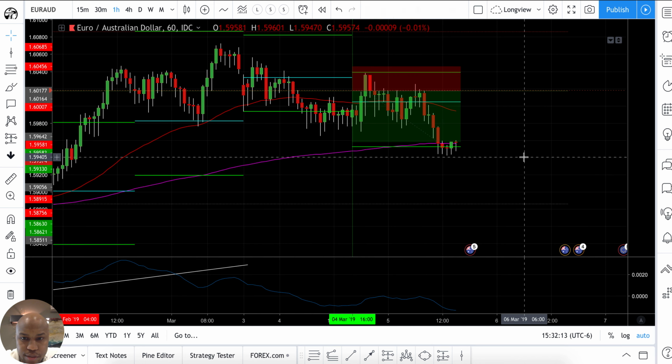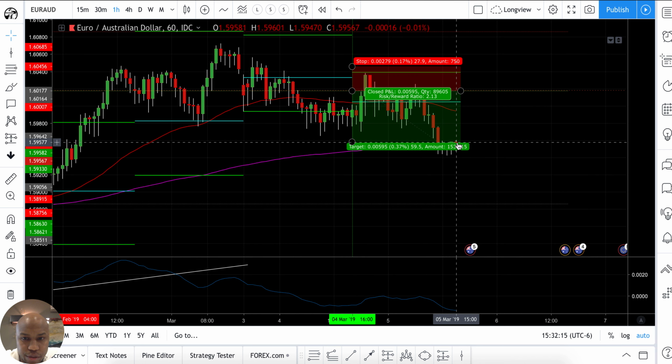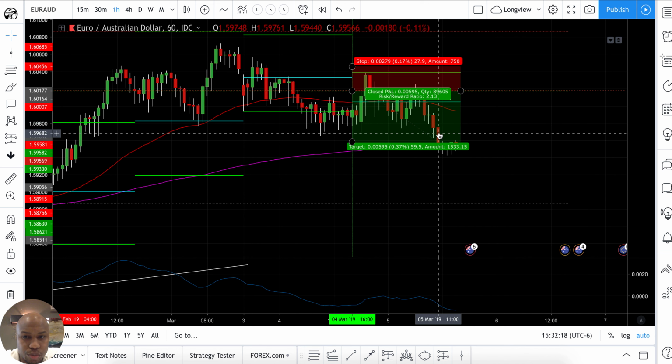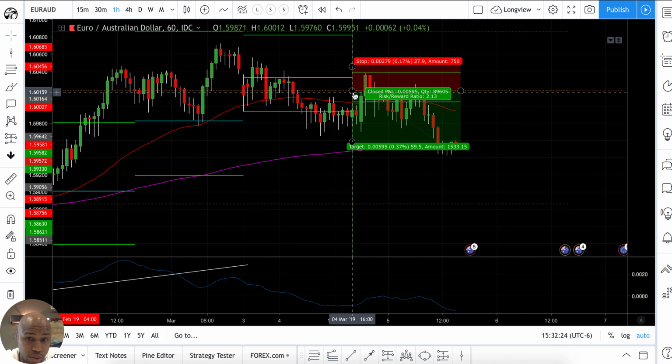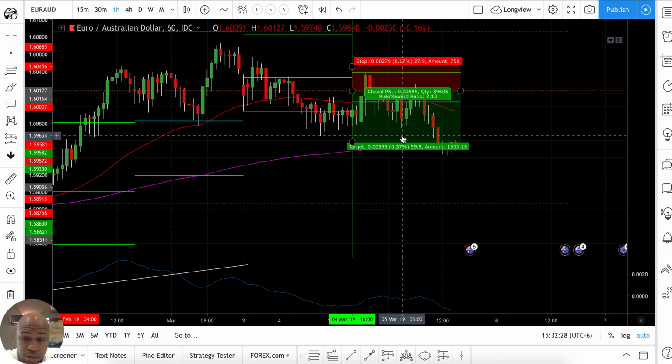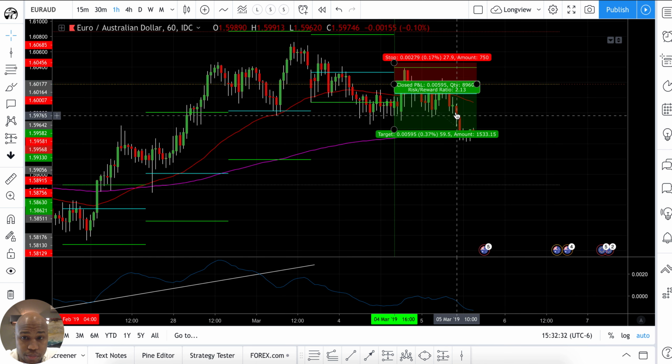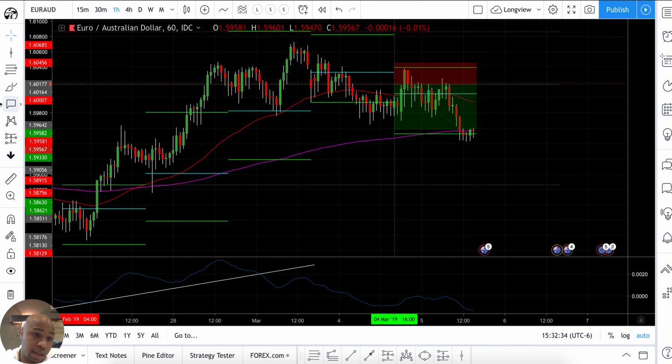Right in here is here. People say, all right, so that's a 213. So that move, seen in real time and realized in real time, you enter right here. Your stop is up here. All doable, all realistic with the strategy and what I'm teaching. 213 is the exit. So it will look just like that, man.